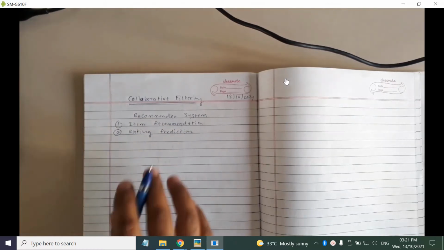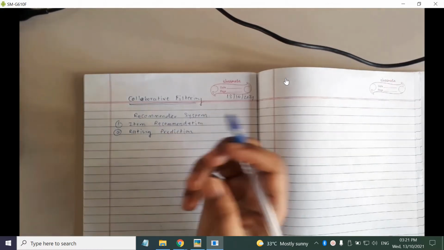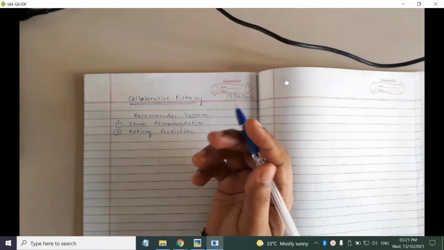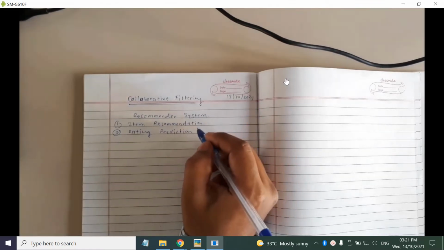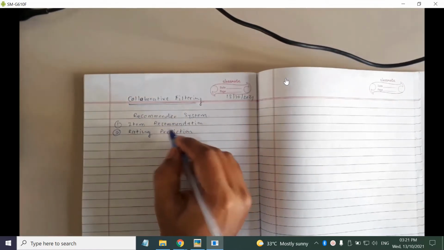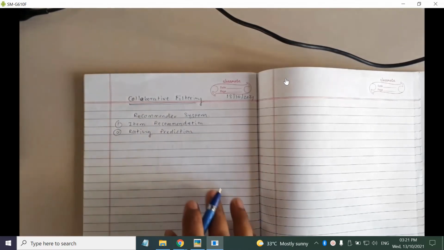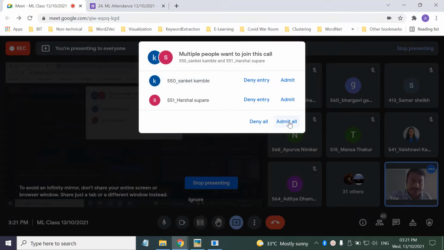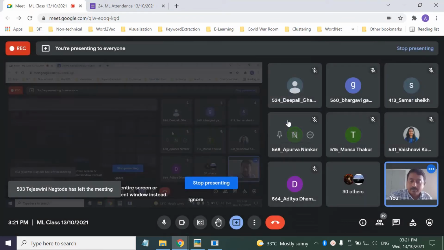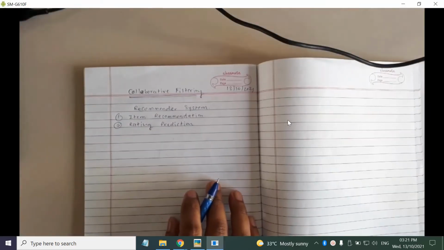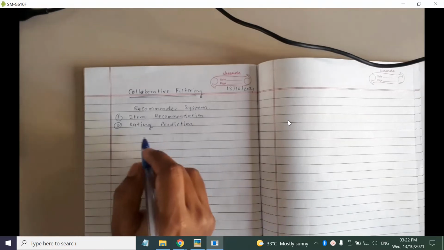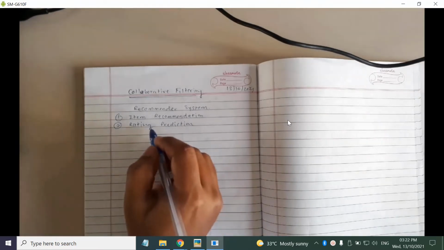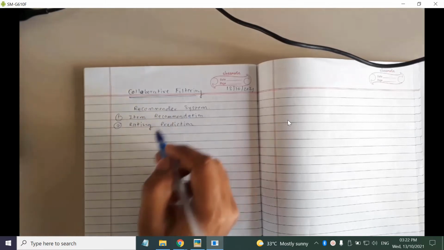So this recommender system uses your past data, purchase history, for two things: either item recommendation or rating prediction. Now we'll focus on rating prediction, and see how collaborative filtering is used in that domain.